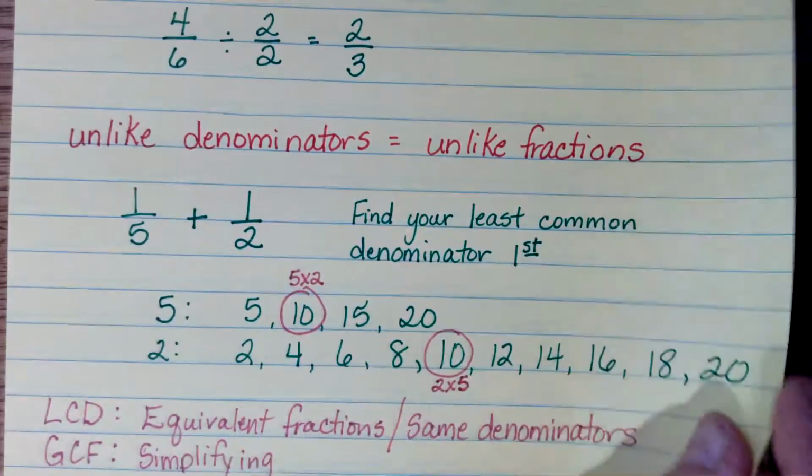So when I move over and use that least common denominator to help me make my fractions like each other, I have 1/5 and I have 1/2.